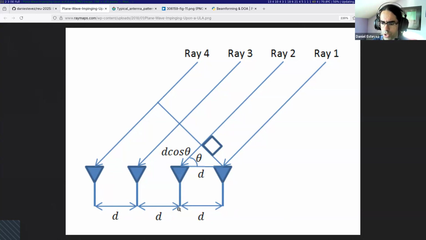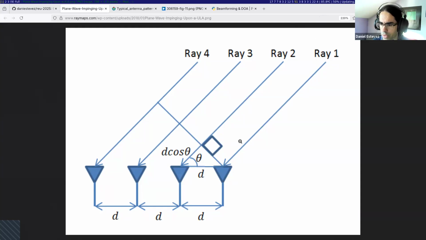And we are also going to assume that the distance between all the antennas is the same as in this diagram. So basically we have a line where we place antennas with a spacing which is d units of distance. And then what you can see on the diagram is that depending on the angle with which a ray from a distant transmitter reaches the array, then we will have a situation like this.